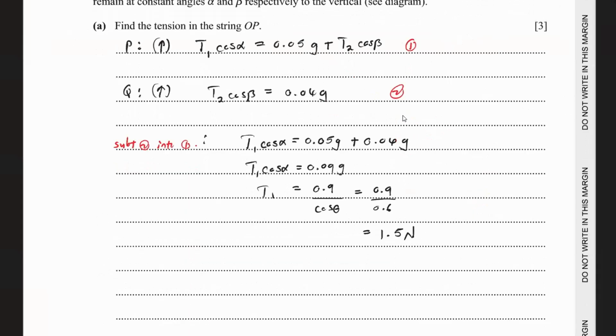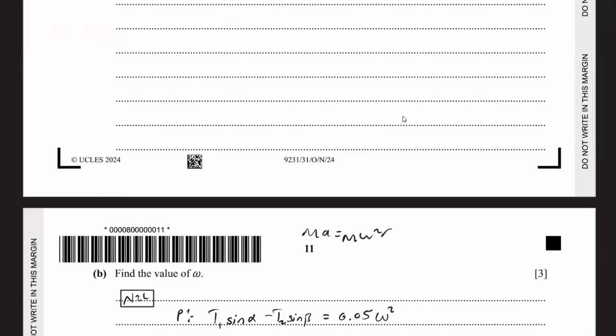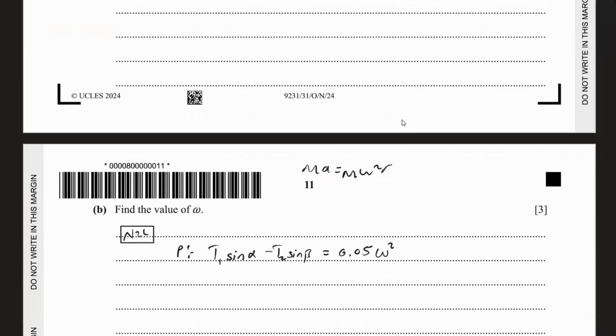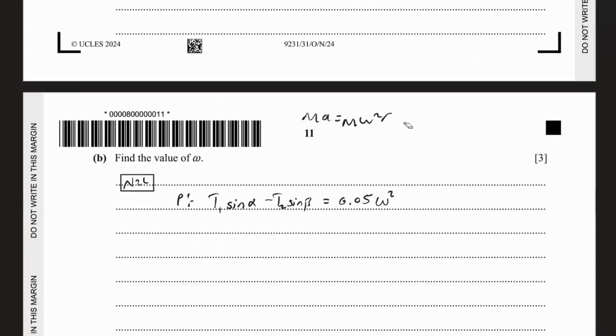The radius is 0.8. So basically we have T1 sine alpha minus T2 sine beta is equal to, when we multiply the two, 0.04 omega squared. That's equation 1.